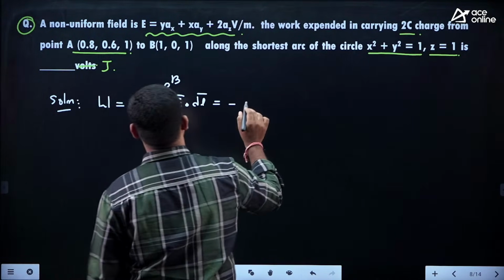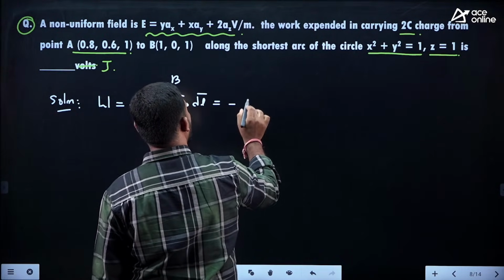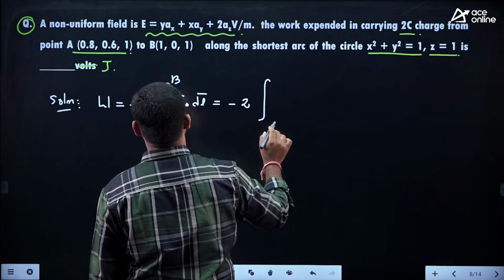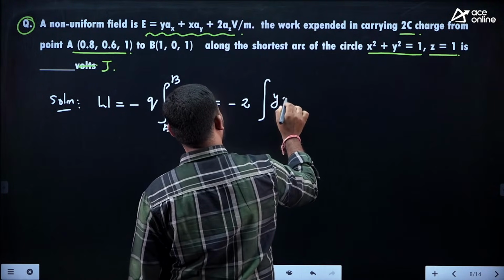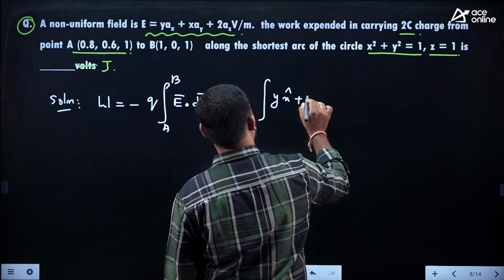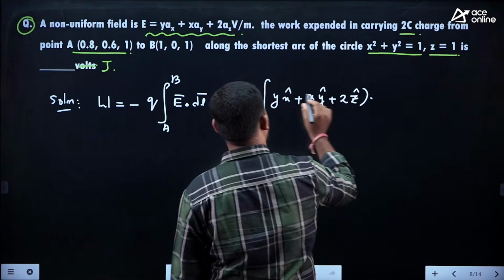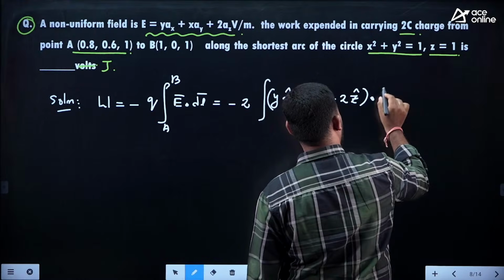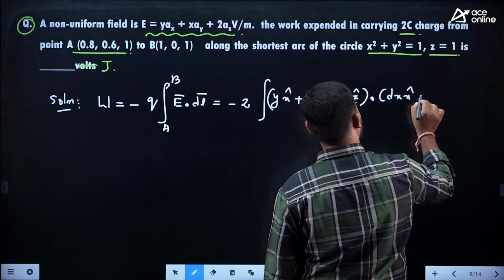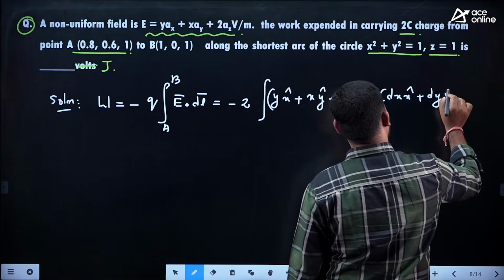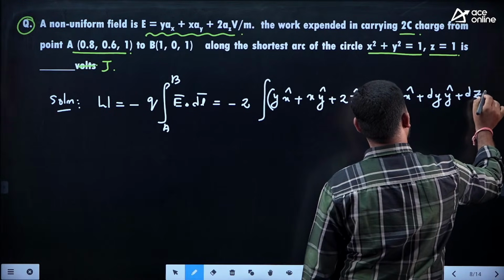So it is 2 coulombs times the integral from initial to final of (y x cap plus x y cap plus 2 z cap) dot (dx x cap plus dy y cap plus dz z cap).